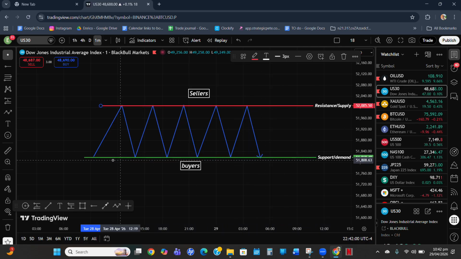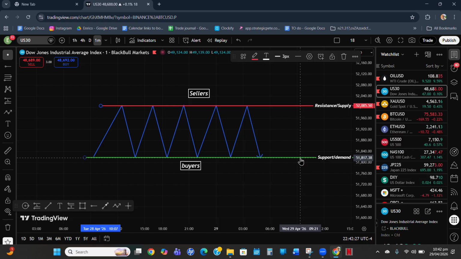Why is it called support? You see, it's kind of supporting this zone, right? Why is it called our resistance? Well, we're pushing up and we're getting pushed back down. We go up, get pushed back down. When we come to this point, price is resisting us from going further. We call this our resistance, right?